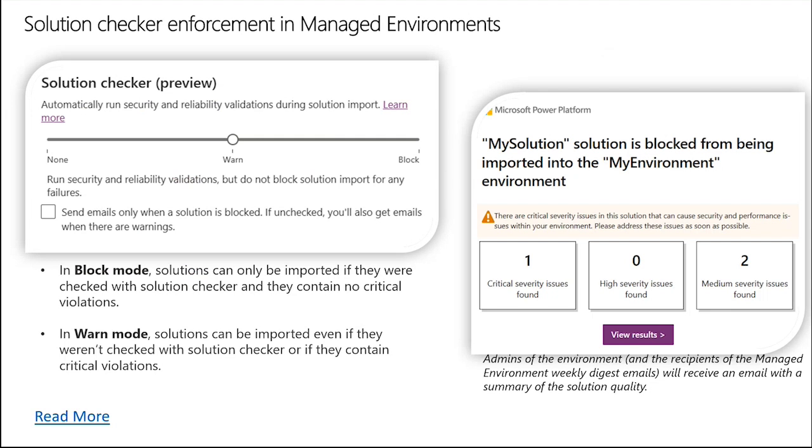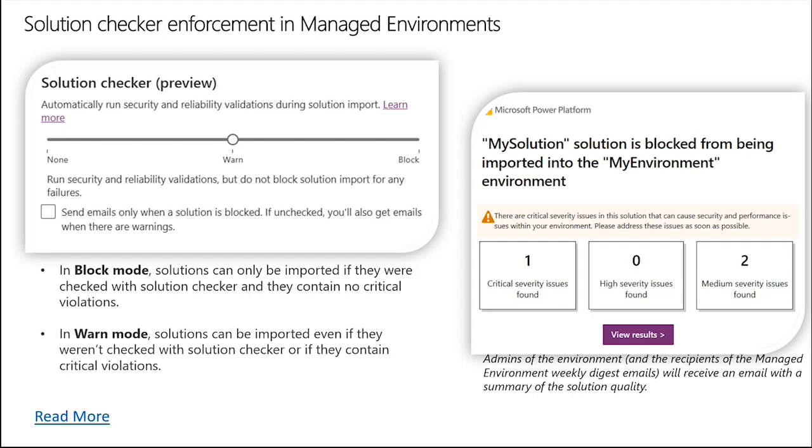All right, so changing gears a bit, this is a little bit more on the ALM side, solution checker enforcement and managed environments. So you can now configure your environment to use the solution checker automatically when solutions are being created.